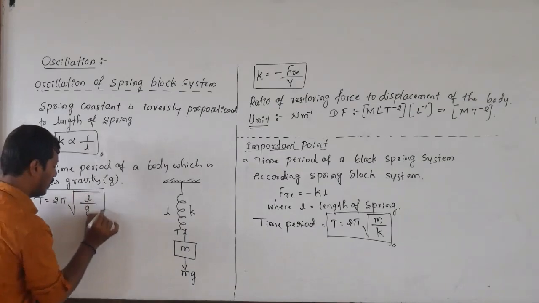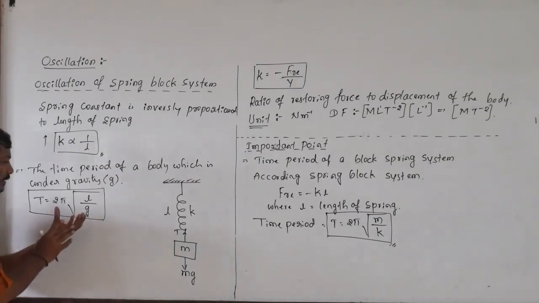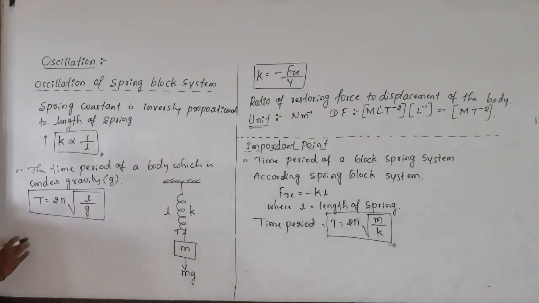The time period is nothing but 2 pi under root L divided by g. This is the equation of a simple pendulum also.